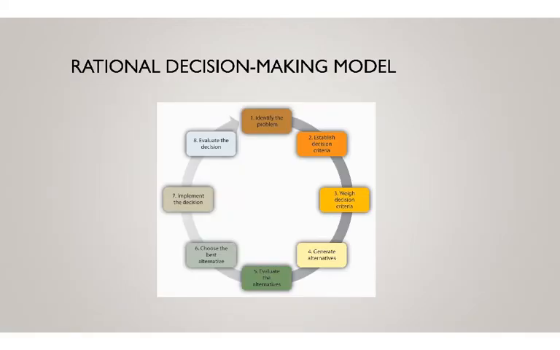Some policy scientists believe that the rational decision-making model should be how the policy process is carried out. And in this model, we would identify what the policy problem is or what the societal problem is, and we would take a very systematic and rational approach to generating alternatives. And by generating alternatives here, we're talking about policy proposals or solutions.